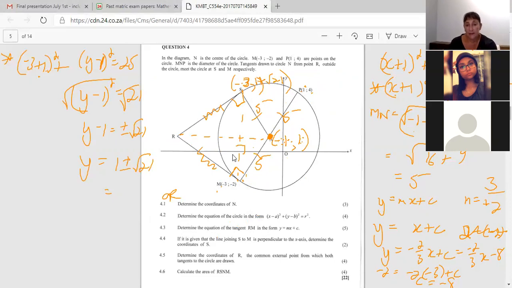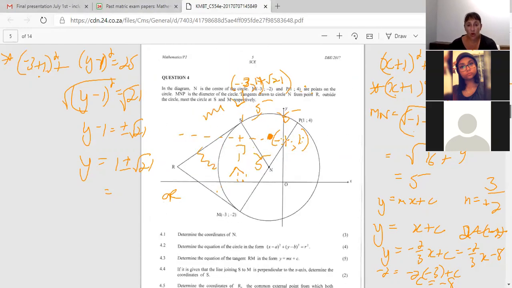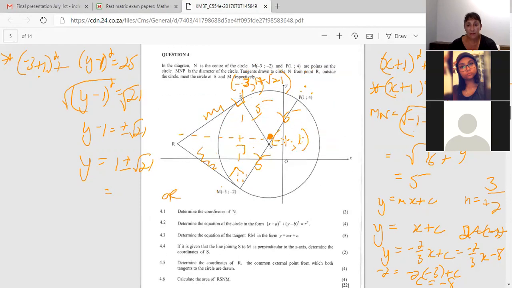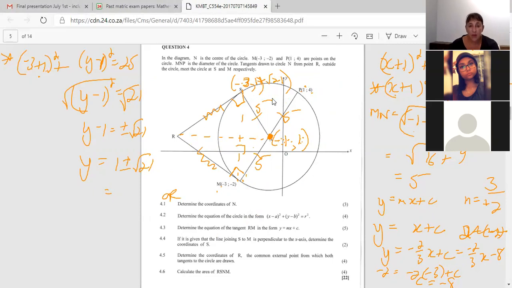RSNM. Right, you want the area. Now you can see that these two triangles are equal.